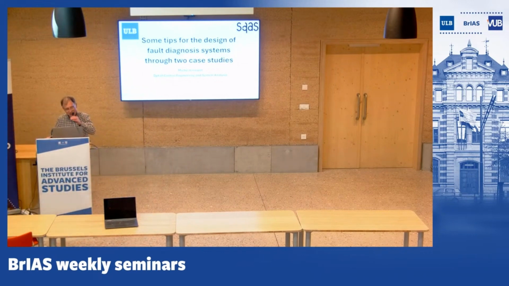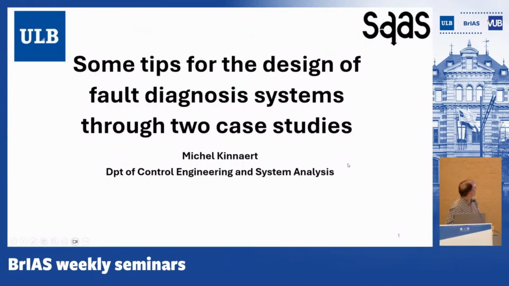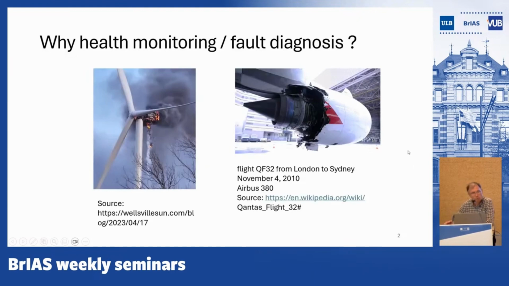Thank you, Emanuele, for a nice introduction. So the title of my talk is some tips about the design of fault diagnosis system, and I will speak about two case studies. So to motivate fault diagnosis systems or health monitoring systems, here are just two examples of catastrophic failures.